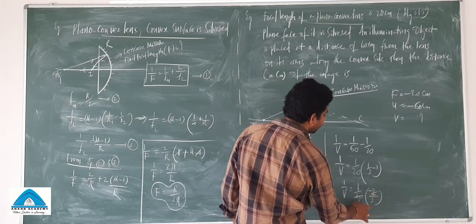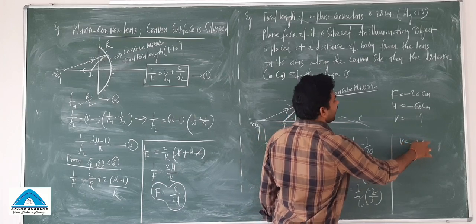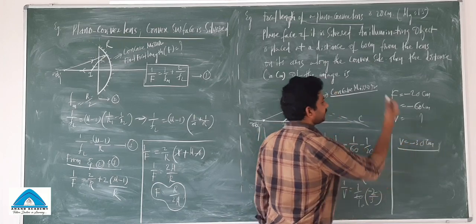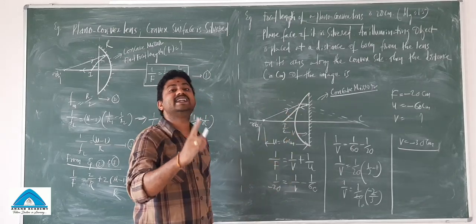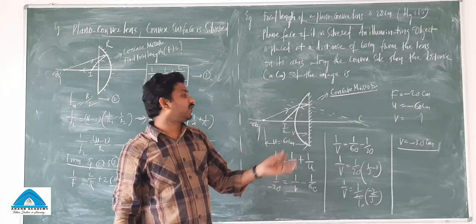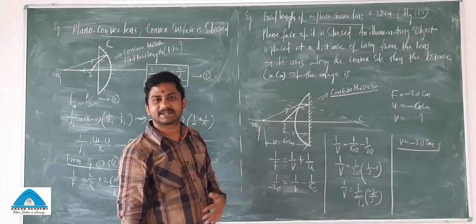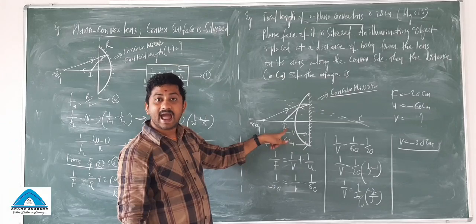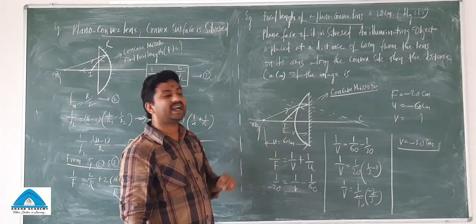So 1 by V is minus 2 by 60, and finally V is equal to minus 30 centimeters. See, V is minus 30. What does minus 30 indicate? The image is forming just in front of the complete system, and the image distance is less than the object distance, according to the ray diagram we have drawn.